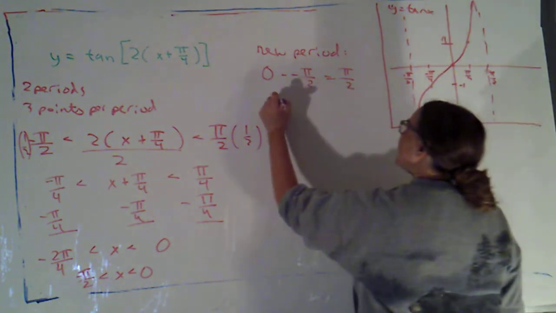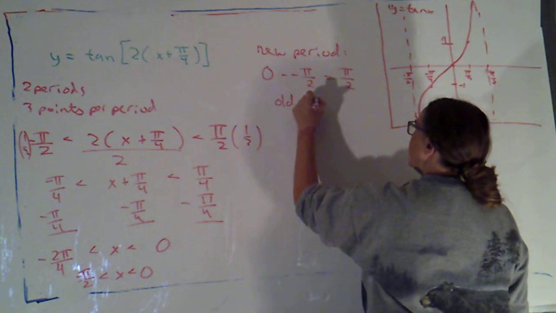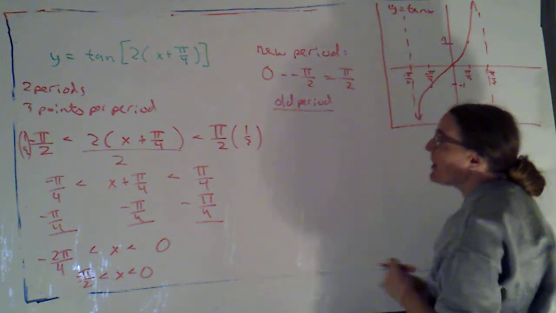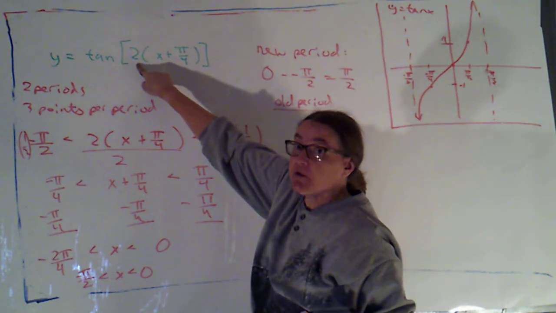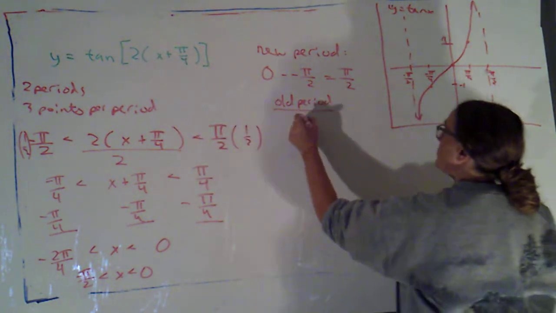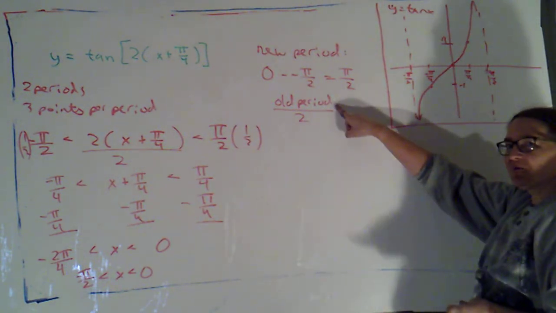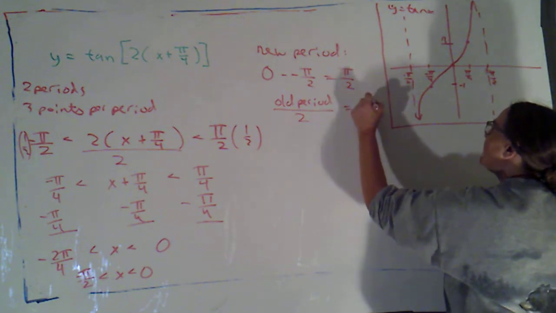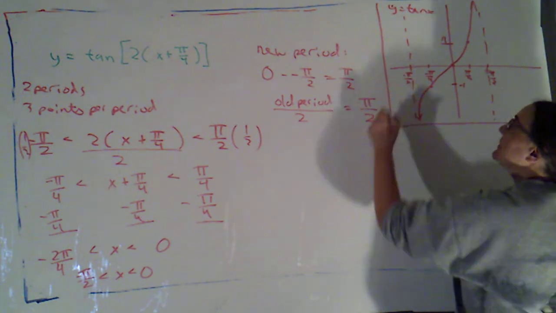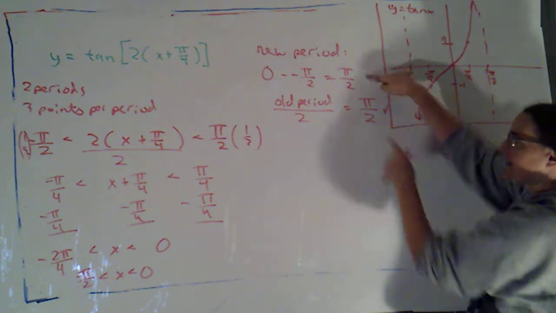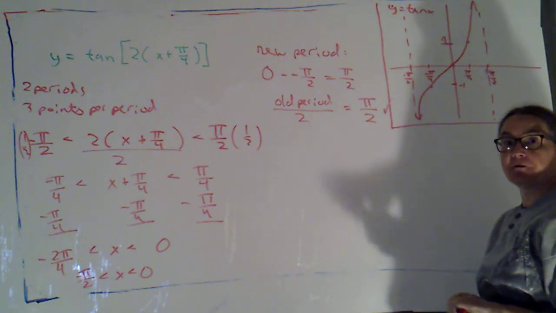Or I can say it's the old period divided by whatever number I was multiplying x by, which is 2. Just be careful. With sine and cosine, the old period was 2 pi. With tangent, it's pi. Notice either way I do it, I get the same thing. The new period is pi over 2.